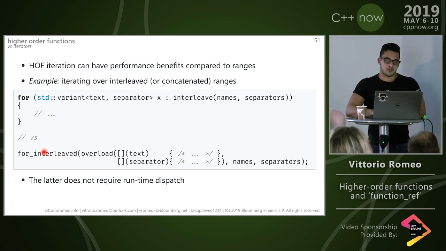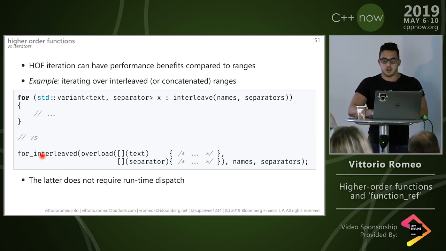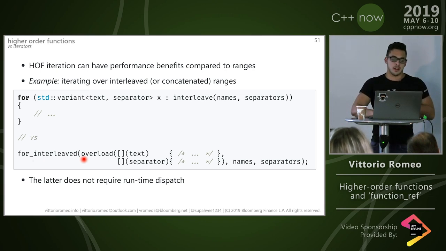However, if you use the higher-order function version, you can avoid the runtime dispatch and the overhead of the variant, because in this particular implementation, you can simply generate a loop that first calls a function with the name, then the separator, the name, the separator, and so on. So you know at compile time how this thing is going to be called, and all you have to provide is some sort of overload over here that accepts a text or separator, and then you're not going to have any runtime dispatch or overhead of the variant.